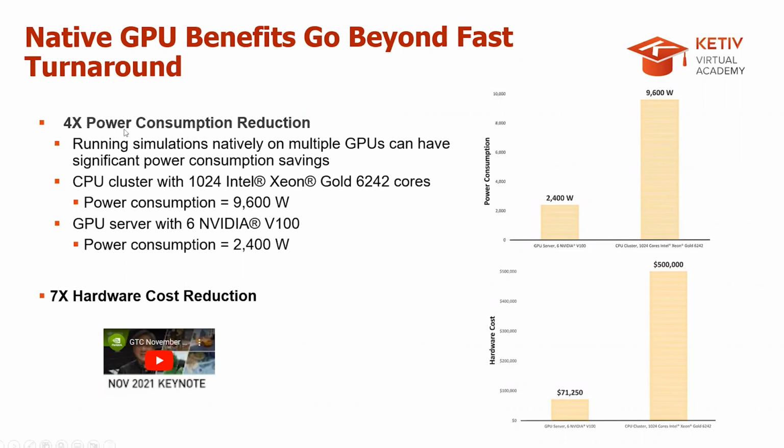For this particular problem, you could get around 4 times the power consumption reduction, which helps you improve the overall ROI of your project. And even in terms of hardware, right? For the same type of performance, investing in a CPU cluster could cost you 7 times more than investing in a GPU server for doing the same problem.